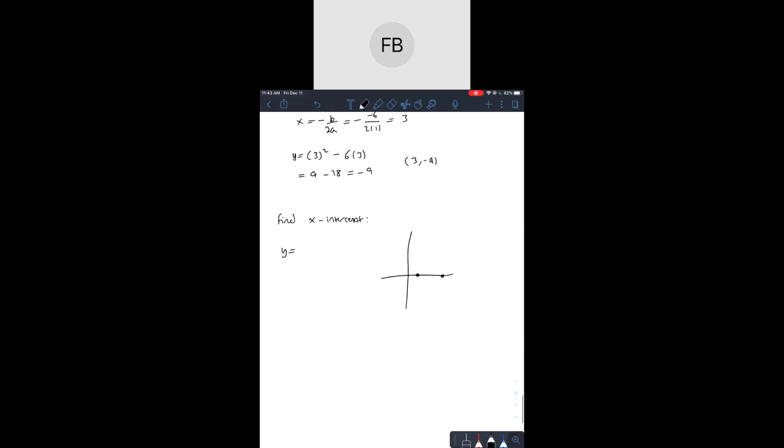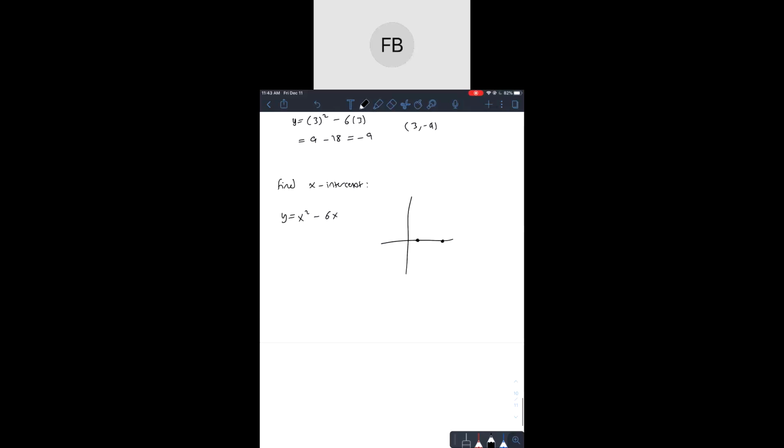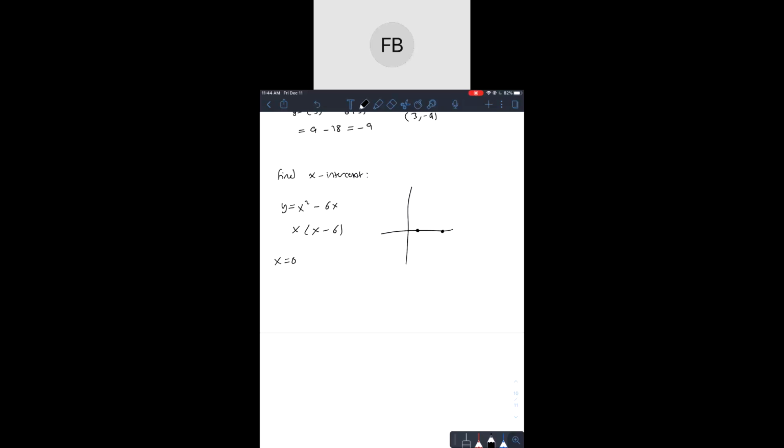So y equals x squared minus 6x. Let's find the roots of this. It's easier than that, just take out an x. Those are our roots. One of our roots is x equals 0, and the other is x equals 6, from these two individual factors.